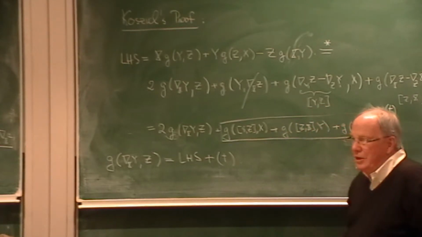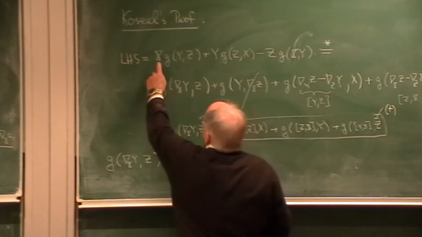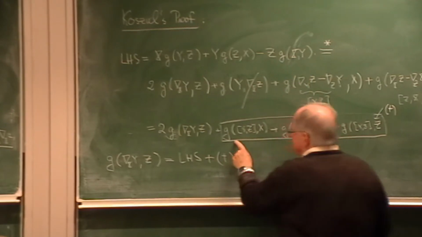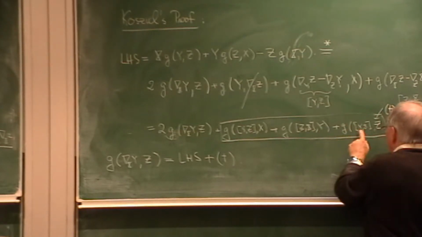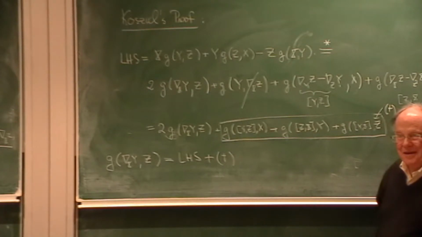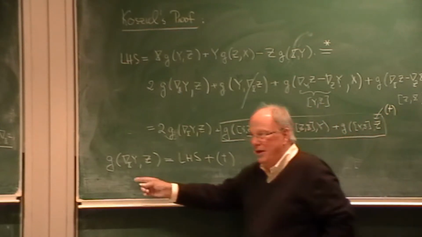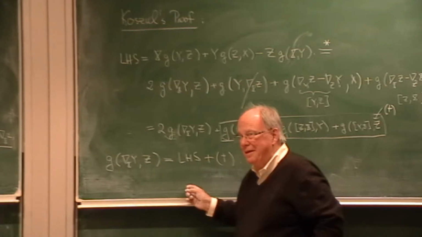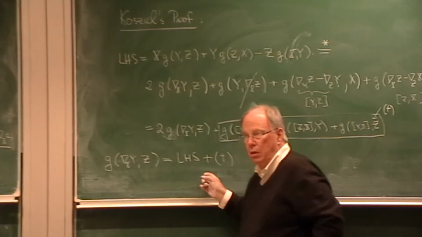Now stare at that for a minute. What's the left-hand side? X, Y, Z. Z, X, Y. What's in the box? D bracket Y, Z, X. D bracket Z, X, Y. D bracket Y, X, Z. And every place symmetric. Do you understand that the left-hand side is defined by the right-hand side? I do not need to know the connection to the right-hand side, do I?